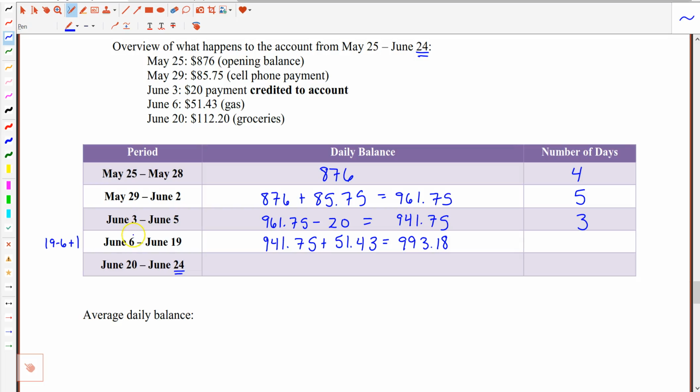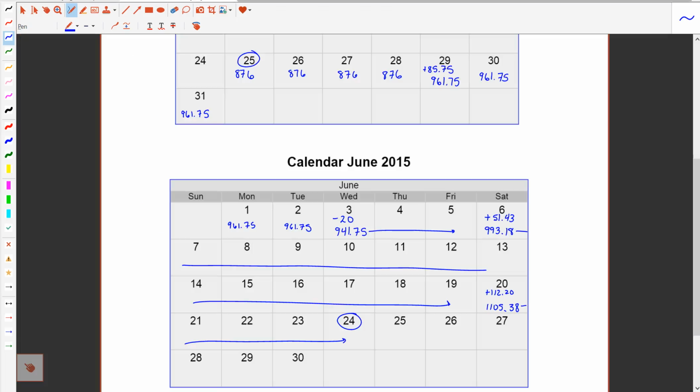So the amount of elapsed days between June 6th to June 19th is going to be 19 minus 6, which is 13, and then plus 1, which gives me 14 days. And again, if you weren't sure about that, you could go back to counting it off on your fingers. You won't have these calendars on exams, but when working on homework, sometimes being able to pull out a calendar and actually physically count the days is really helpful.